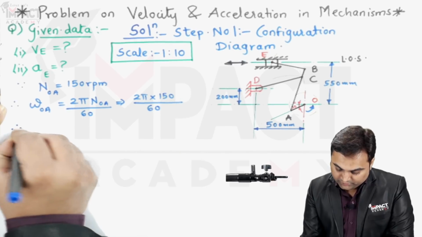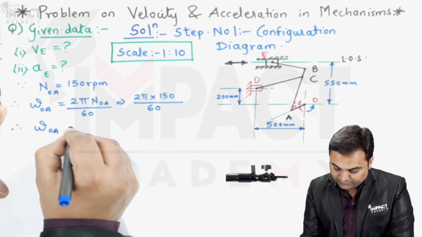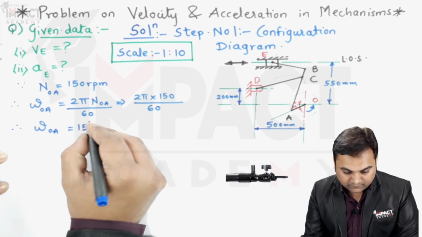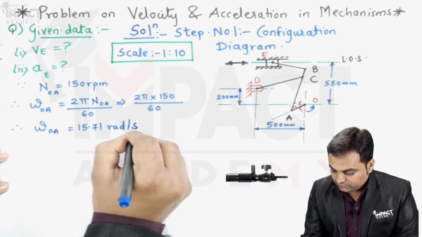So the angular velocity of OA comes out to be 15.71 radian per second.